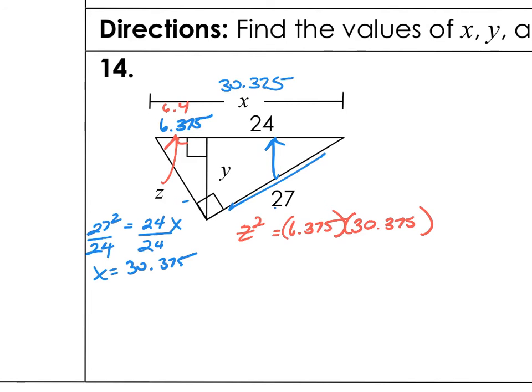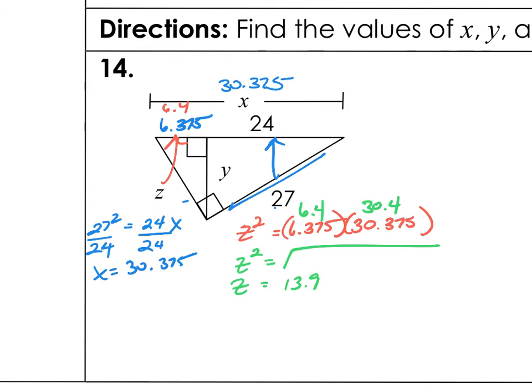And you could do it like your paper. Your paper did 6.4 here, and they did 30.4. So you're welcome to do that too. And then multiply those and take the square root. And you get z, which is 13.9.